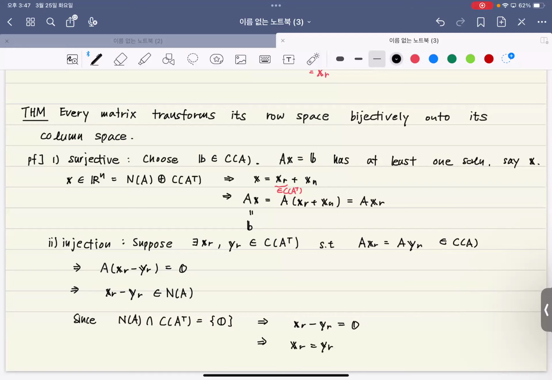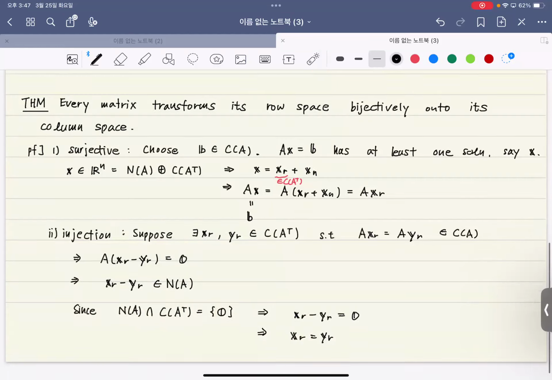So if these two vectors have the same image, then they must be the same. This proves the injection. So this is an injection and a surjection. Therefore, the function is a bijection.